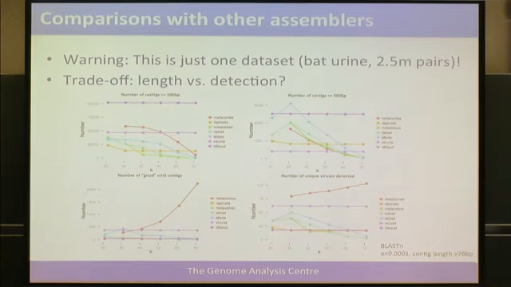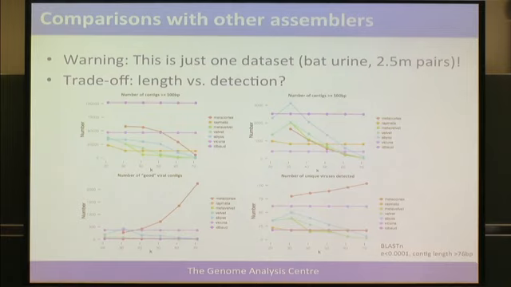So for example, IDBA UD is giving us quite a lot of nice length contigs, but we're not seeing as much viral diversity as with, say, MetaCortex, and the same kind of trade-offs are there with the other assemblers as well.